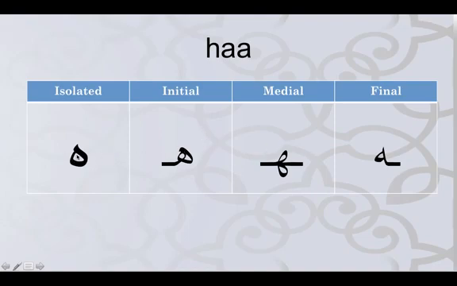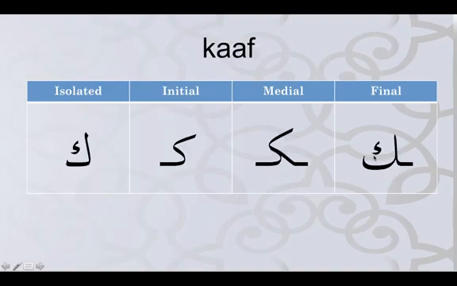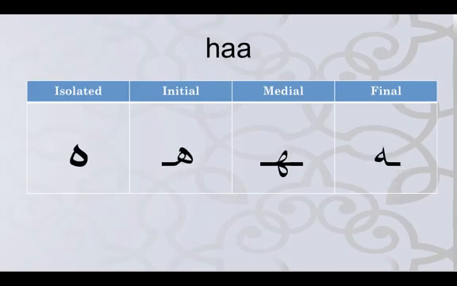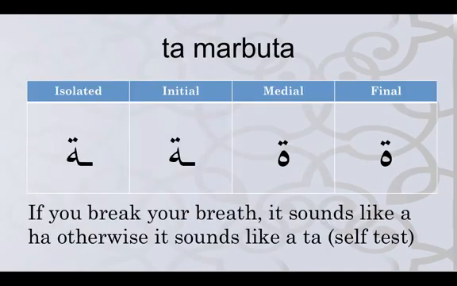It's written very similar to the isolated and the final forms of the letter ha. Sorry, I'm going backward. This is the isolated form of the ta marbuta, the initial form, the medial form, and the final form of the ta marbuta.